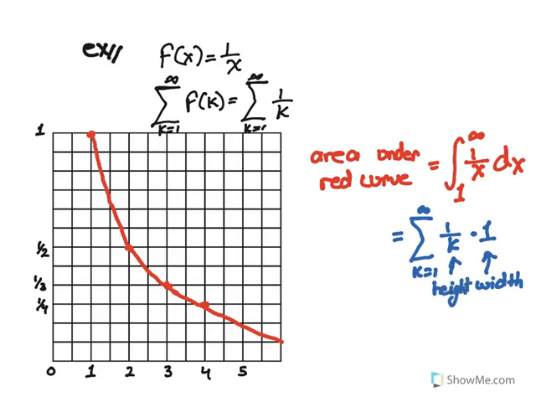So now if I plot this out on the graph, the first rectangle has a height of 1 over 1, which is just 1, and a width of 1, so it would look like this. And the second rectangle would have a height of 1 over 2, and again a width of 1, and the third one will have a height of 1/3, and then 1/4, and so on and so forth.